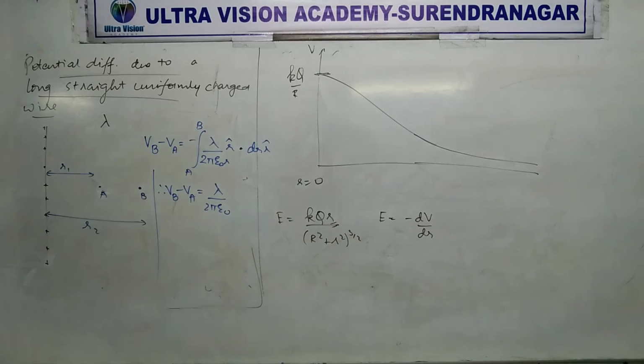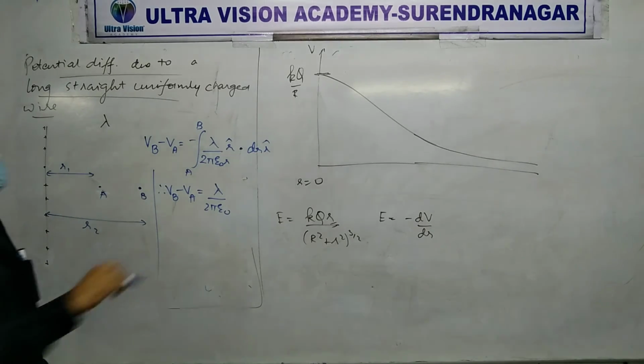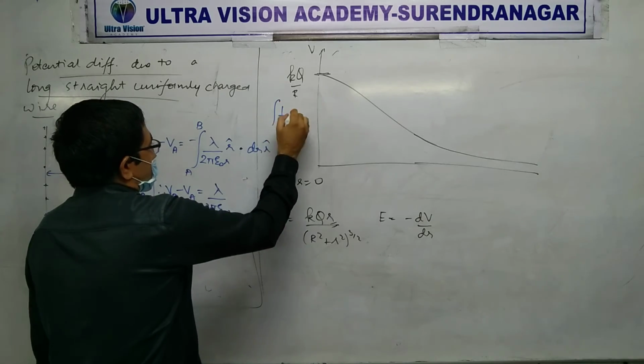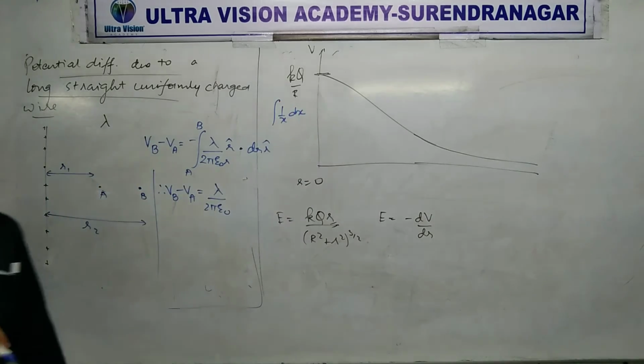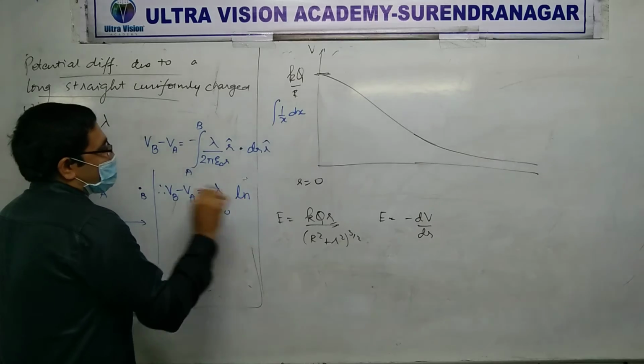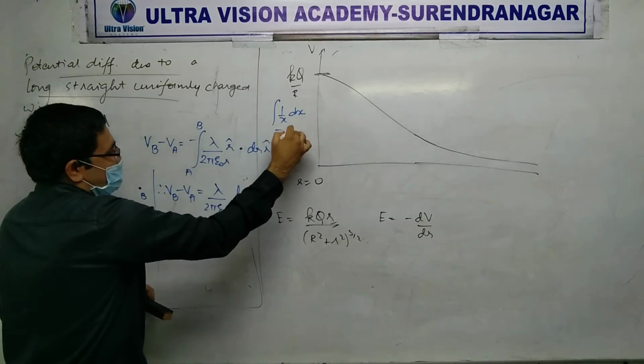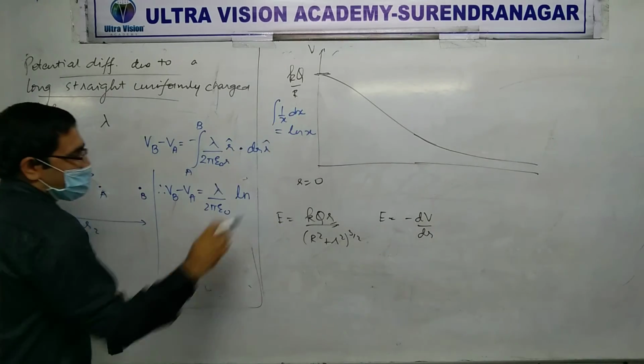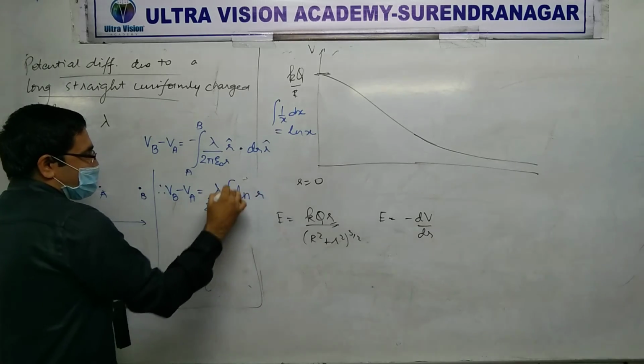What does that equal? It's the integration of 1 by x dx, which is ln x. So we get ln r.